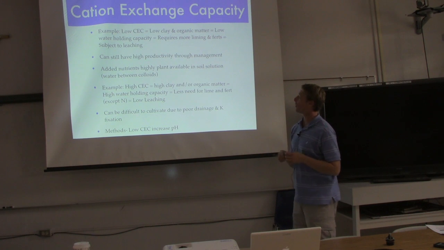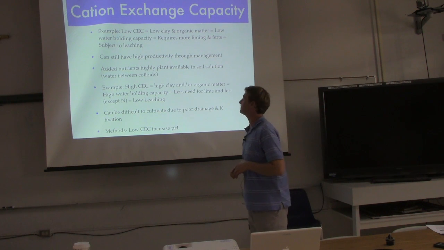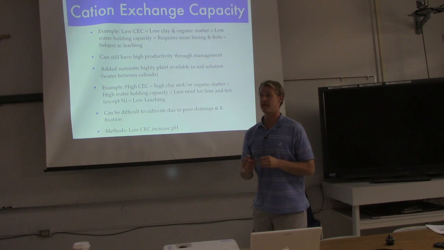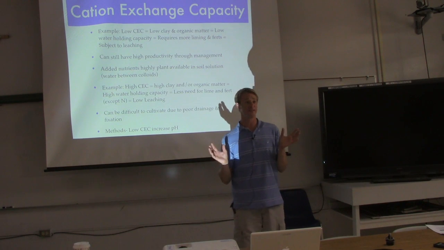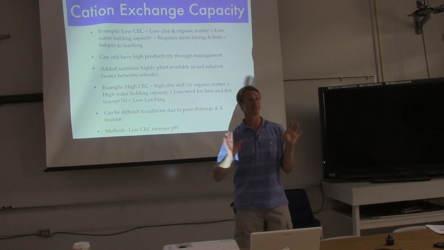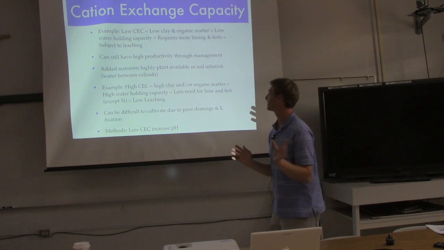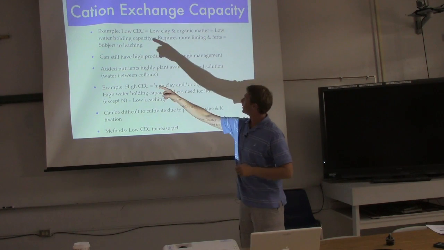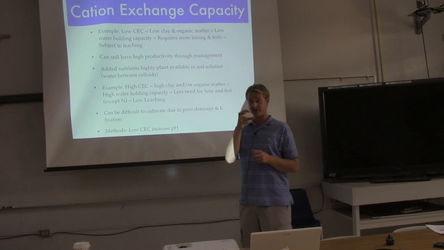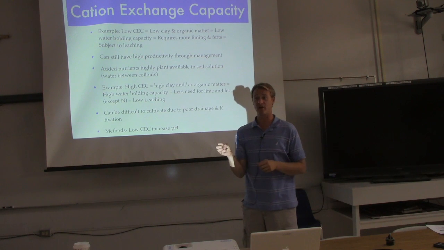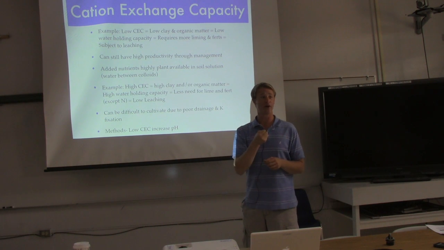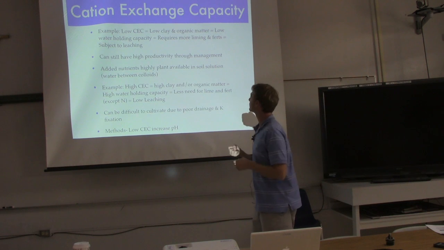It means it has a low water holding capacity, mainly because it doesn't have a lot of colloids. It hasn't eroded down to its minimalist level yet. Remember I said colloids hold water on their surface? Well, if you don't have a lot of colloids, you don't have a lot of water holding capacity.